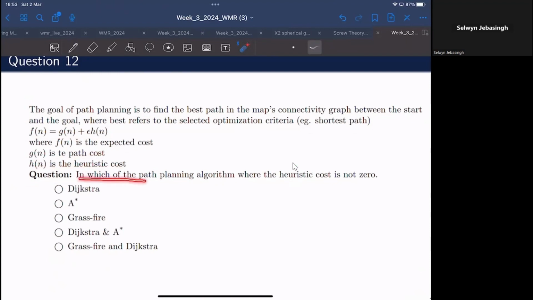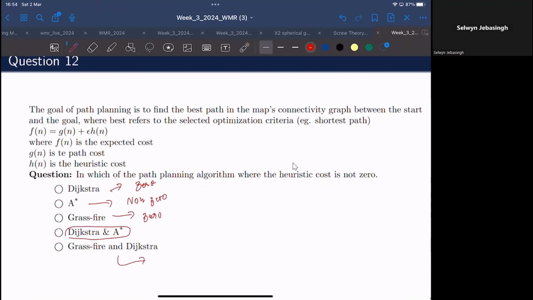Which of the path planning algorithms has a heuristic cost that is not zero? In case of Dijkstra, we know for a fact that it is zero. In case of A star, this is not zero. In case of Grassfire, it is zero. In case of Dijkstra and A star, it's zero for Dijkstra and not zero for A star.